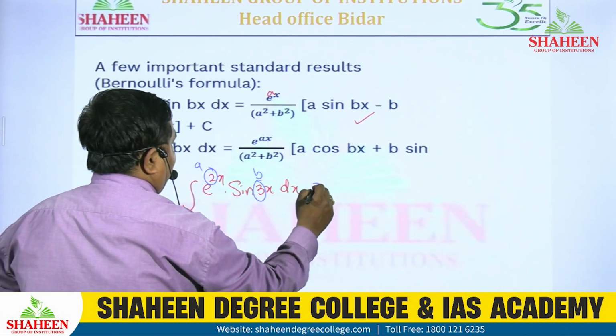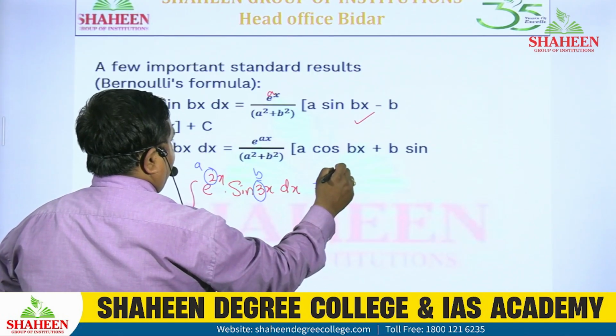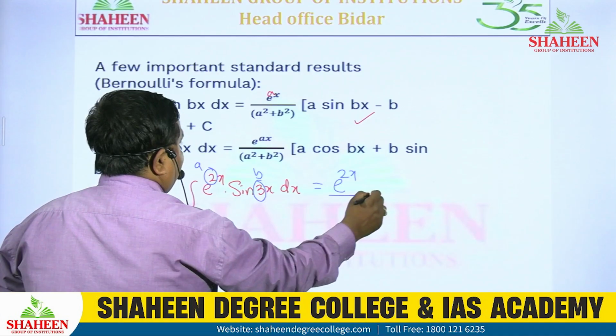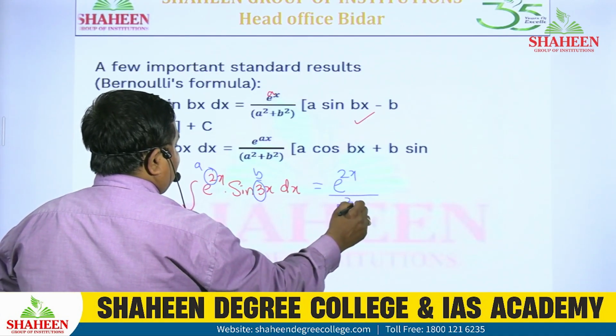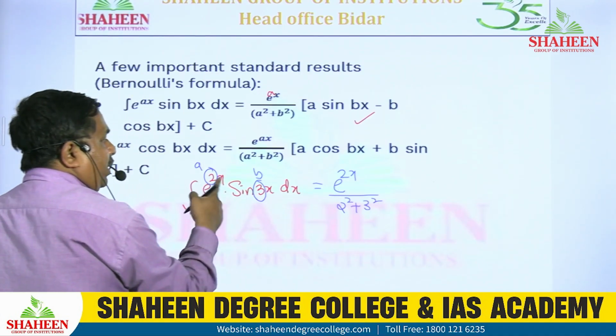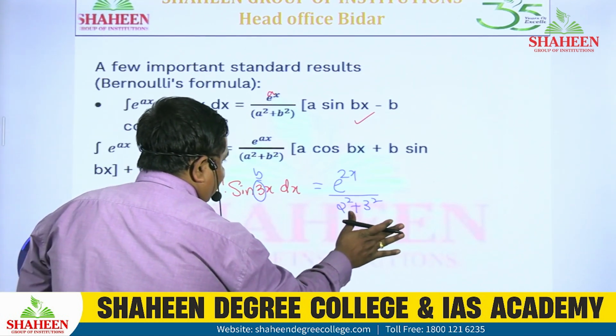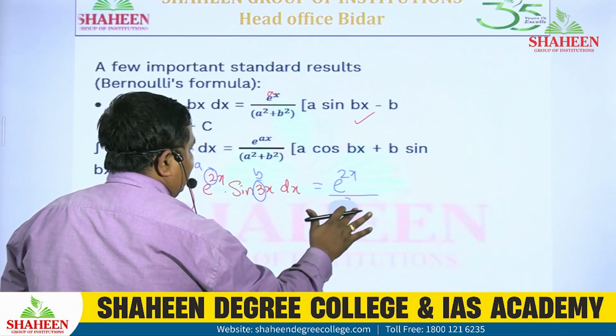Substituting in the formula, the answer becomes e power ax, that is e power 2x, divided by a square plus b square, 2 square plus 3 square. What is 2 square plus 3 square? 4 plus 9 is 13. So directly I'll write here 13.